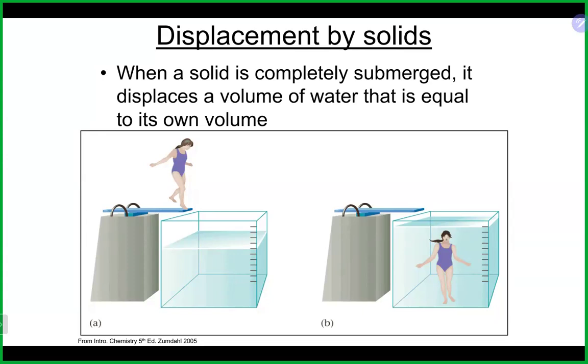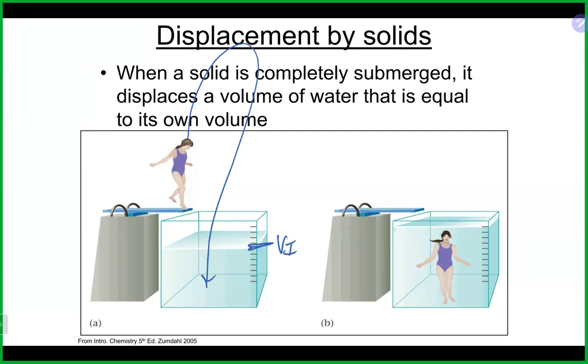Volume by displacement means that if you put a solid object into something like water or liquid, the volume change is equal to its own volume. So before she takes a dive in here, we have a certain initial volume of water in the tank. She dives, feet first, hopefully.